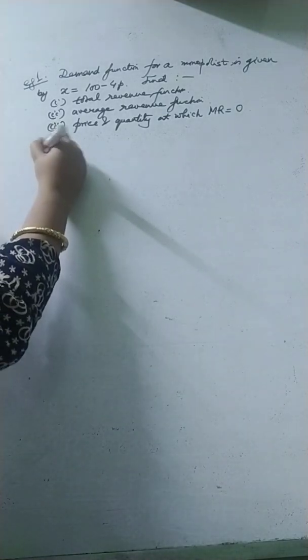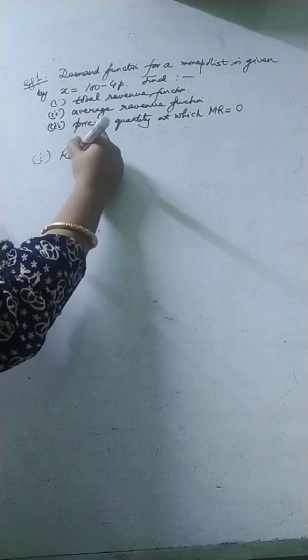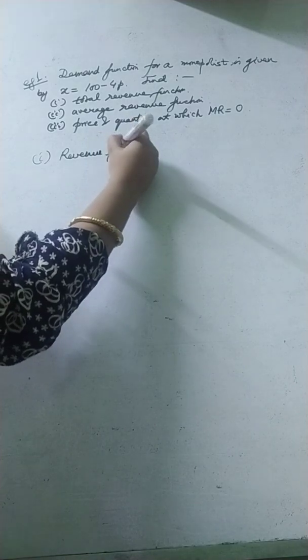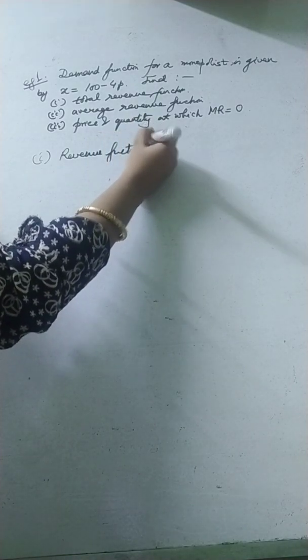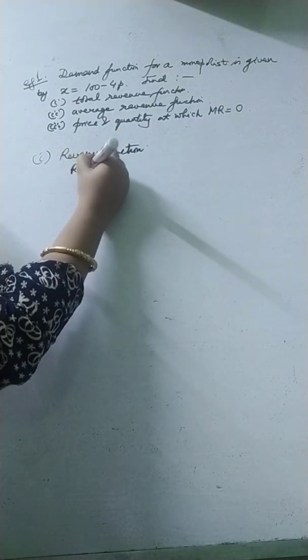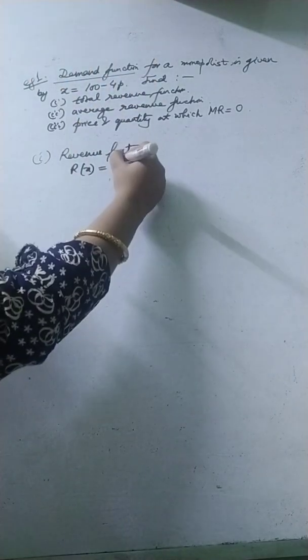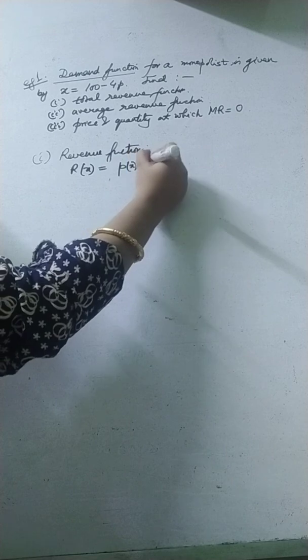The first subpart. What is the revenue function? According to the definition, R(x) = p(x) times x, since the demand function is given. We will make p the subject, as a function of x, and substitute.